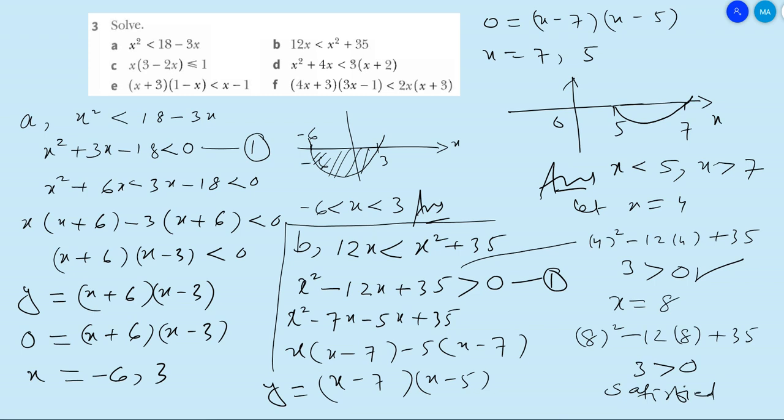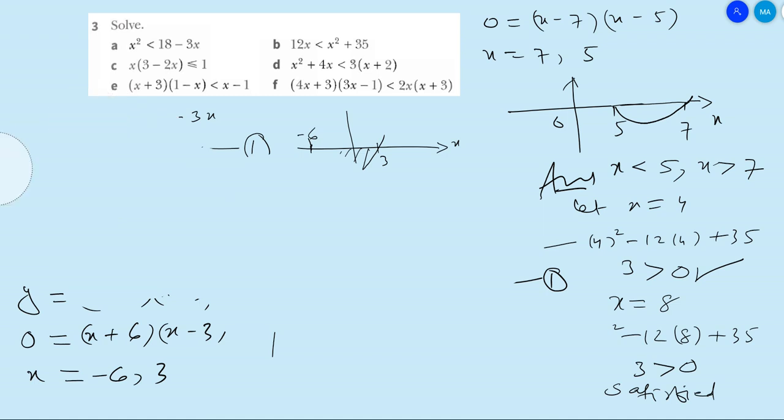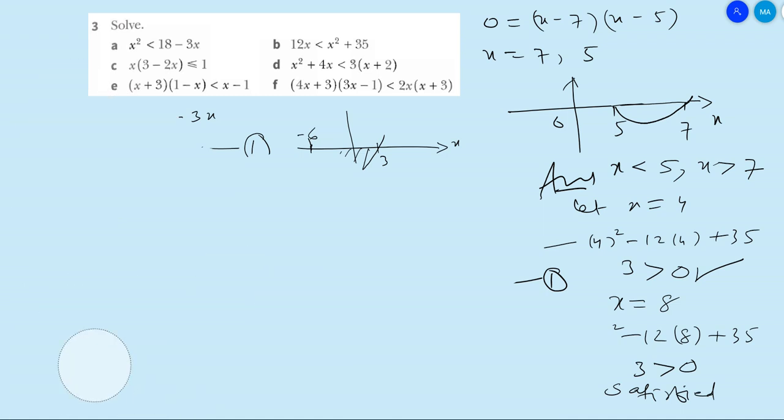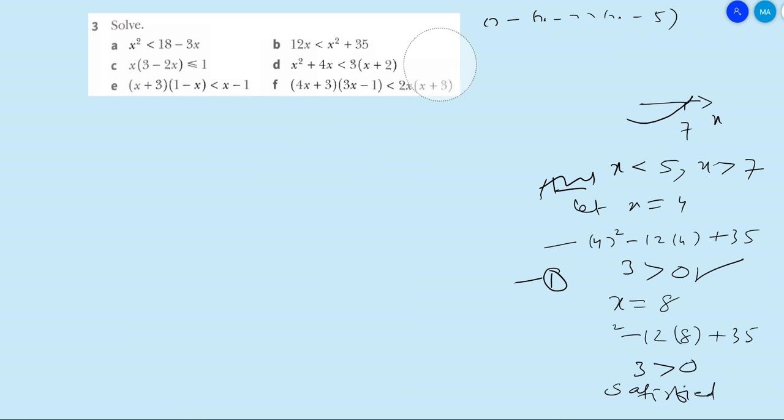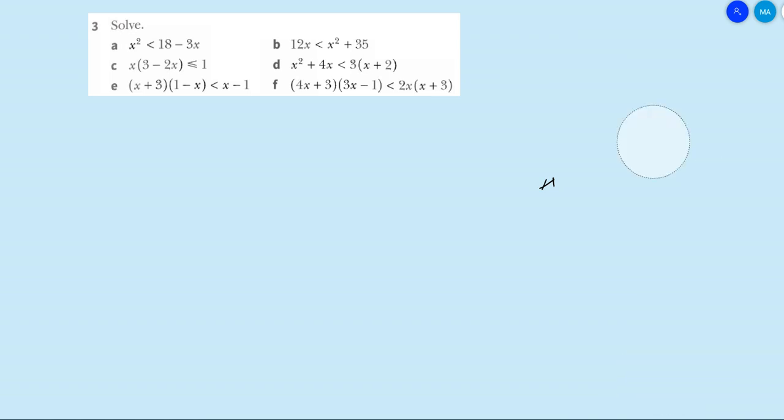Now come to part C. Part C is x into 3 minus 2x less than or equal to 1. x into 3 is 3x. x into 2x is 2x square, less than or equal to 1.